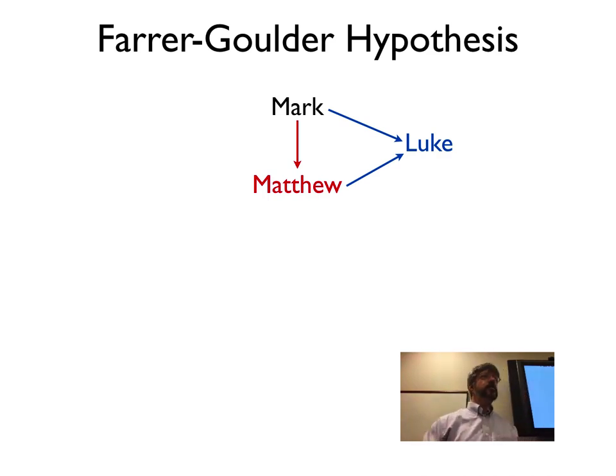Mark Goodacre goes through a lot of this in the case against Q reading that you had. One of the things he points out: it's often suggested, if Luke knew Matthew, why in the world would he have split up the Sermon on the Mount? It's such a beautiful sermon, only a crank would dare to divide it up. And as Goodacre points out, have you ever read the Sermon on the Mount?